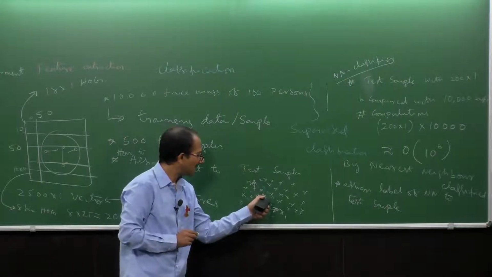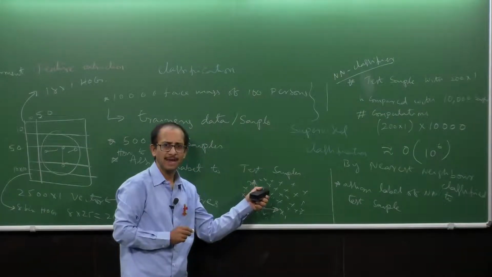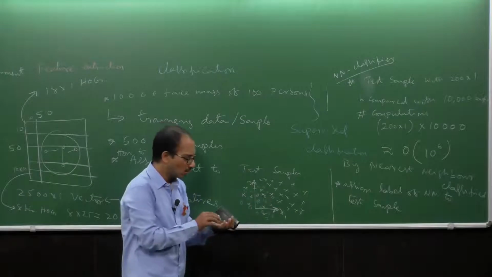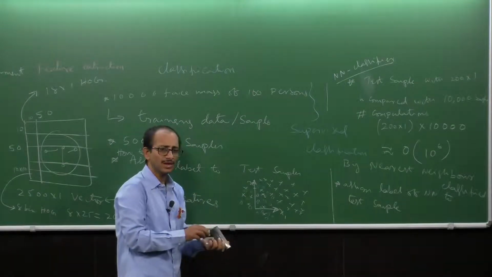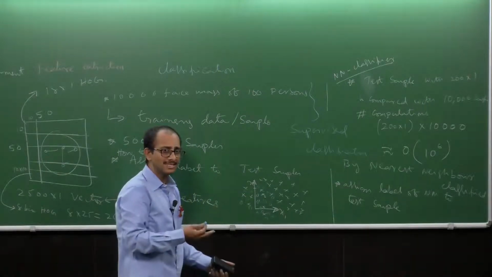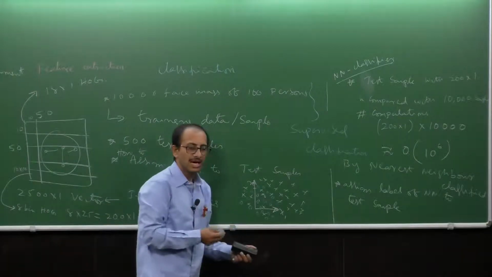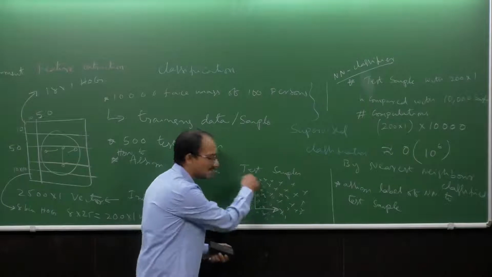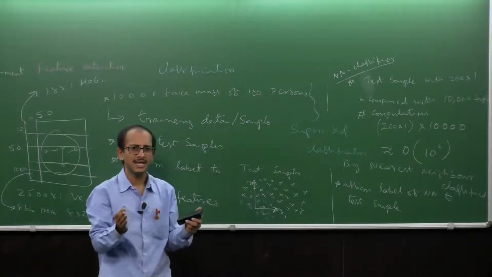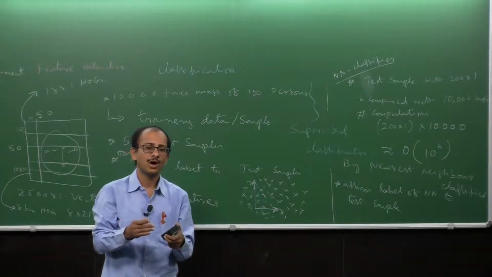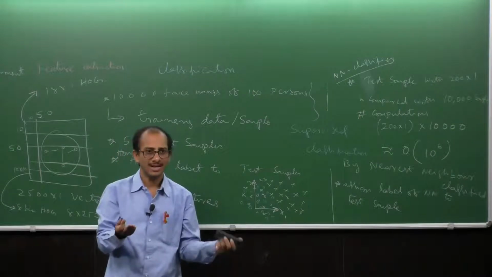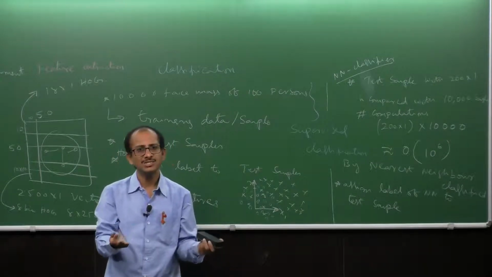So if I categorize just based on the first nearest neighbor, I may go wrong. What is the better thing to do? Of course, you can take a radius around it and see how many nearest neighbors of class 1 and class 2 are there, and whichever dominates, you assign to that.